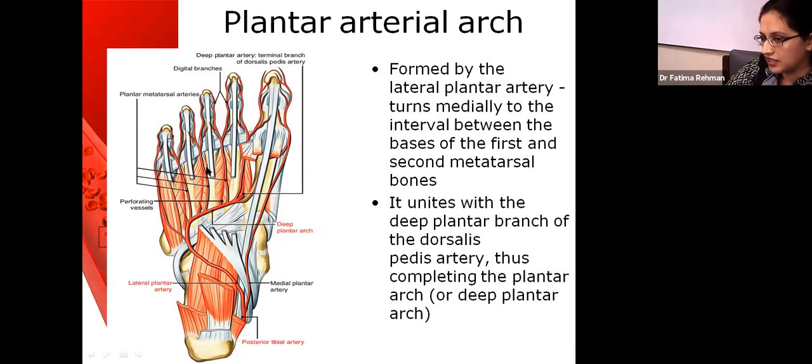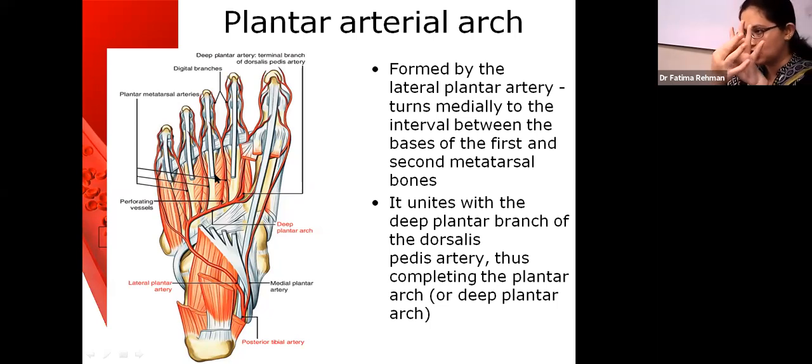Again, they are divided first into the plantar metatarsal arteries, which run in the intermetatarsal spaces between the adjacent metatarsal bones, and then they continue forward and divide into the plantar digital branches, which run on either side of the plantar aspect of the toes.